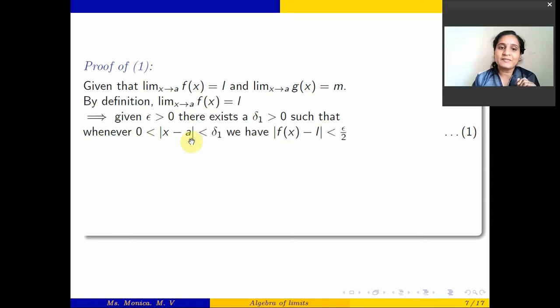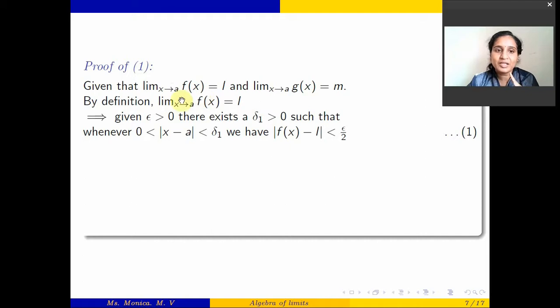So, whenever the distance between x and a is less than delta 1, we have the distance between f(x) and L less than epsilon by 2. There are a few things you should observe, a little different from the original definition we have taken. We have chosen some epsilon greater than 0. I took this delta 1 because we know there are two limit definitions to be applied.